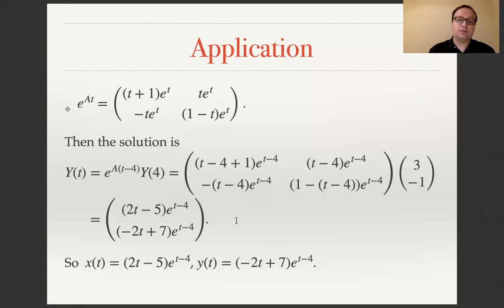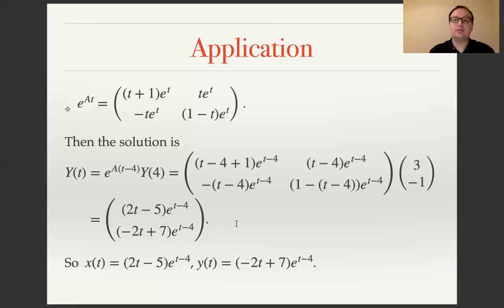Just like for higher order ordinary differential equations, the fact that we have extra factors of t here, like 2t minus 5 and minus 2t plus 7, shows that we have some resonance. So the Jordan form is what happens when the equations of a system are coupled and they have two or more resonating modes.